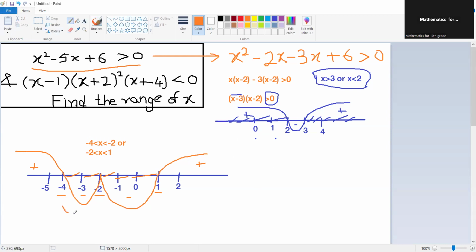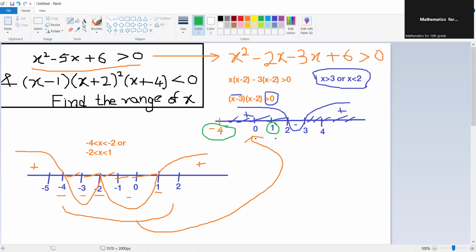This entire range, -4 to 1, comes here. I'll mark this in green. -4 to 1, this entire range comes here, which is already there in the first range of x. But then we should exclude -2.